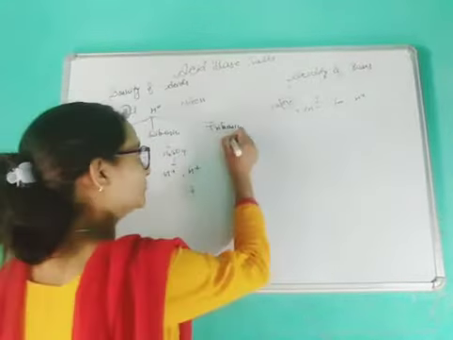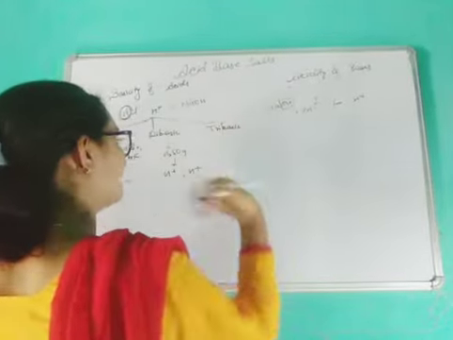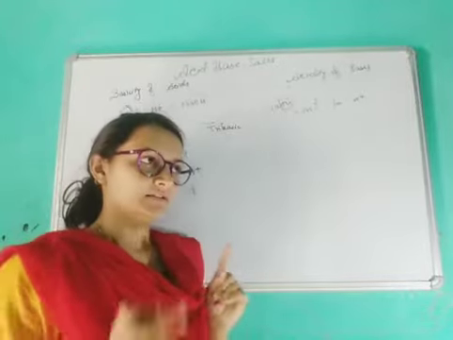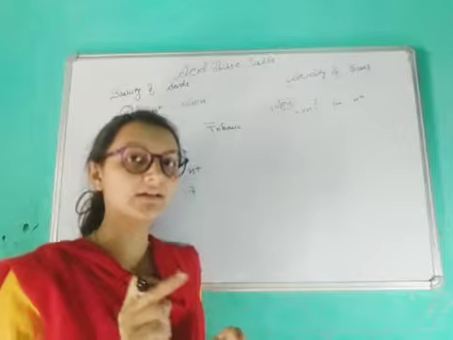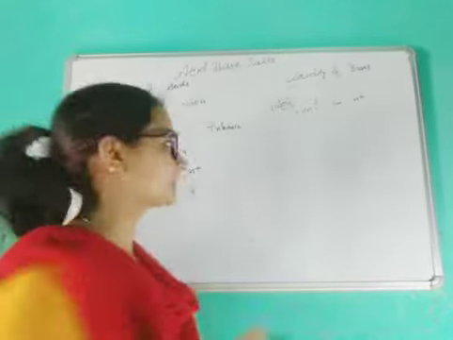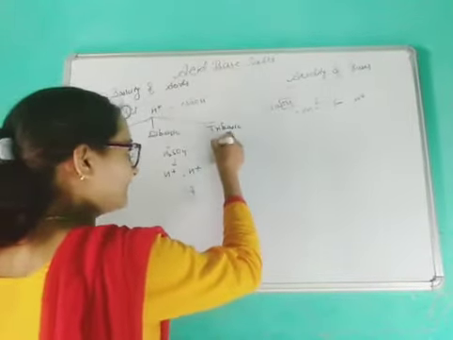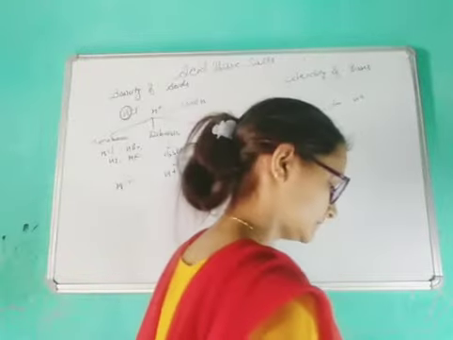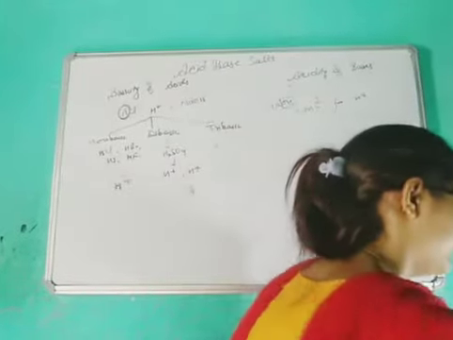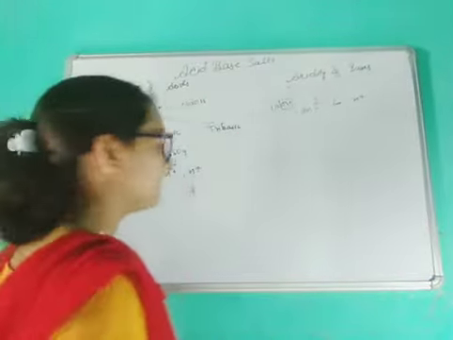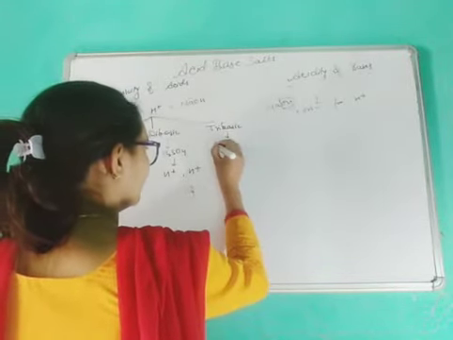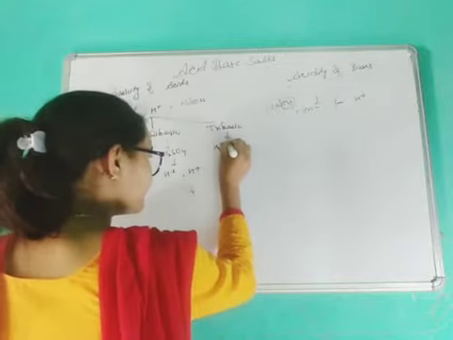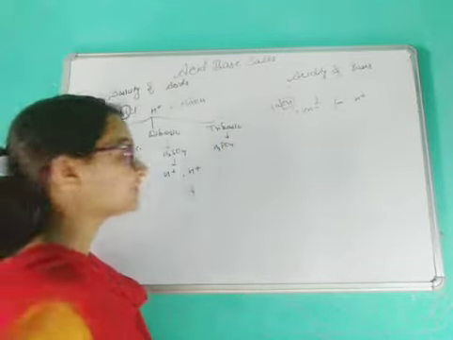Now come to tribasic. In tribasic, what will happen? There will be such a molecule of acid which will have 3 hydrogens, which can release 3 hydrogens. For example, you have H3PO4.